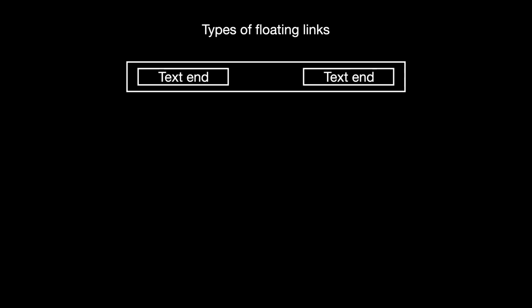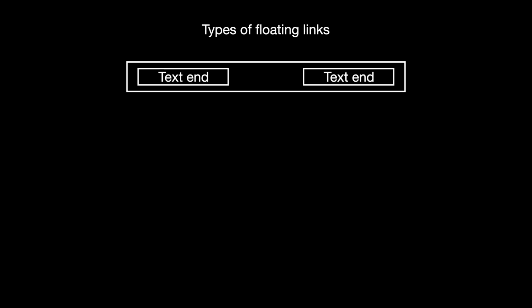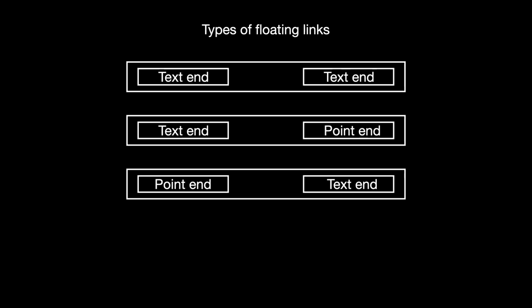ends. If you think about it, a floating link is an object with two sides. On each side, there is some object, or end. In the future, links may even have multiple ends on each side. But for now, let's keep things simple. Currently, we can connect text to text, text to a point, and a point to text.